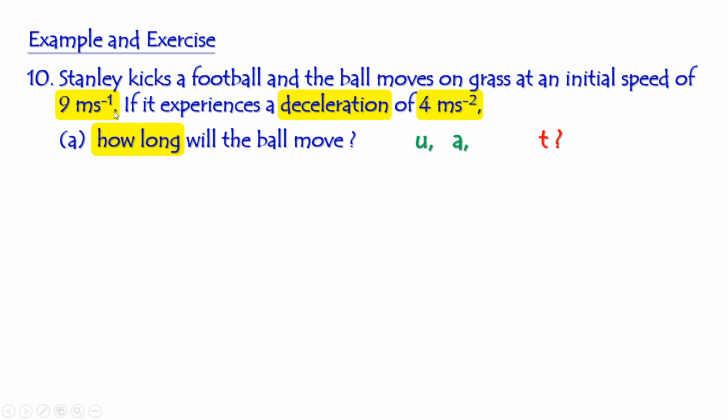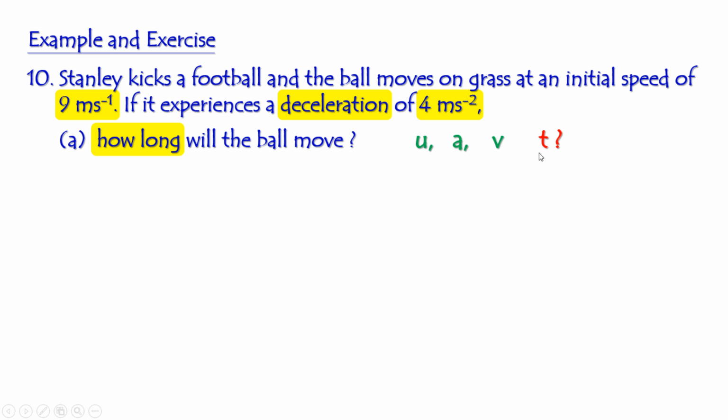That means its speed becomes 8, 7, 6, and so on. And finally, it comes to rest. So how long means until the ball comes to rest finally. You should take care of it. That means the final speed of the ball is equal to 0.